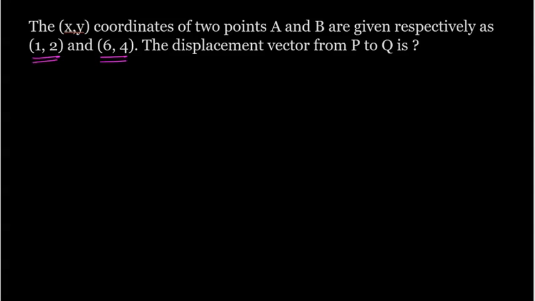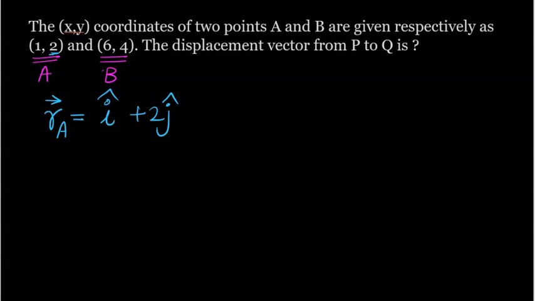So let's say this is the coordinates of A and this is the coordinate of B. This is actually given, right? So let's denote this as RA bar, the position vector of the point A. So this will be i cap plus 2 j cap, because 1 unit in x and 2 units in y.